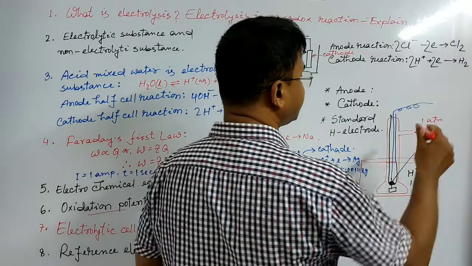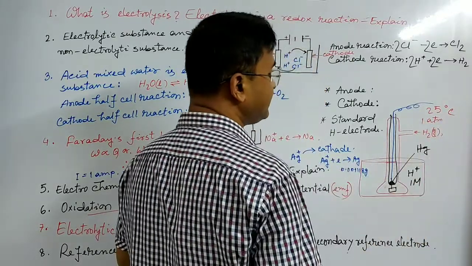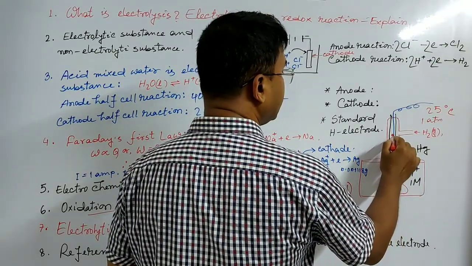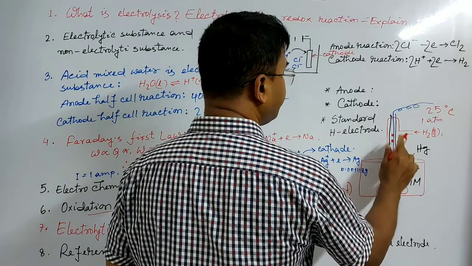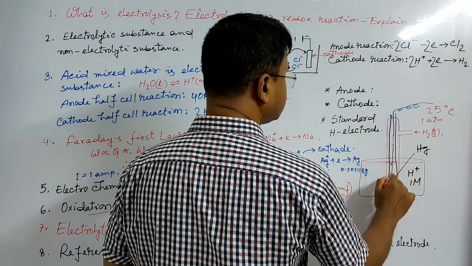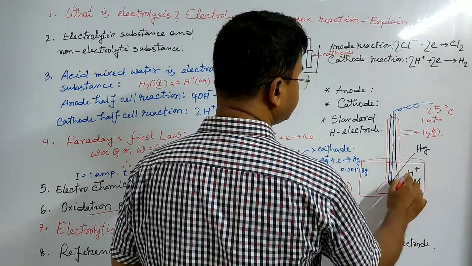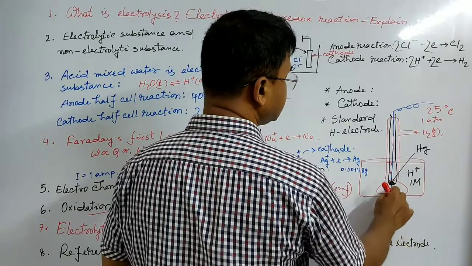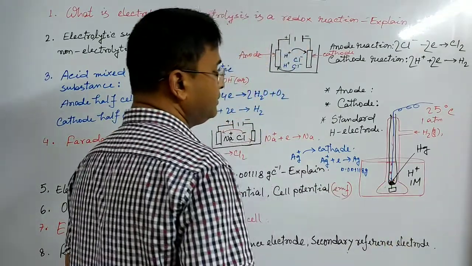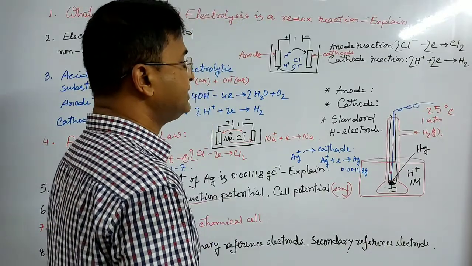At 25 degree centigrade temperature and 1 atm pressure, hydrogen gas is passed along the copper wire to the 1 molar H plus solution in the platinum bead with bubbles; this is called standard hydrogen electrode.